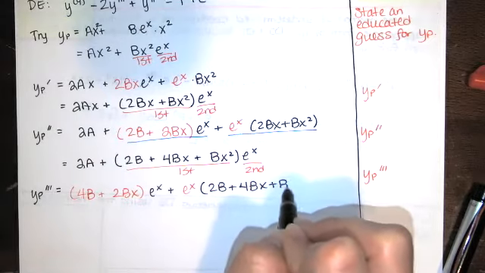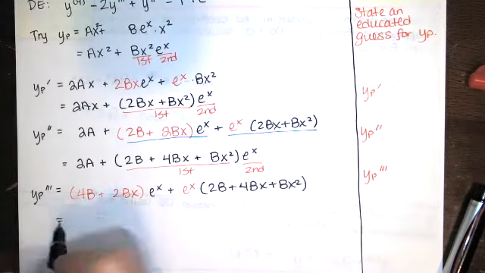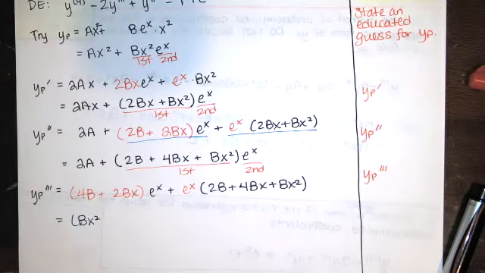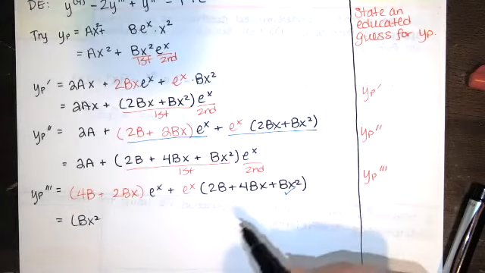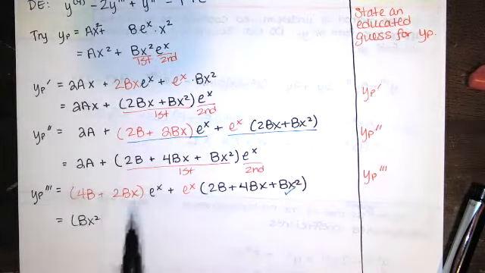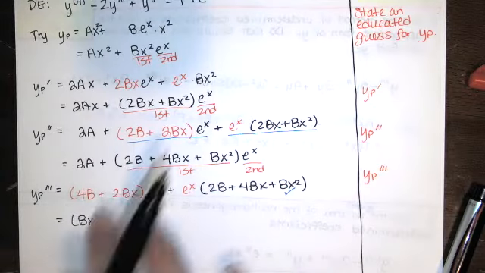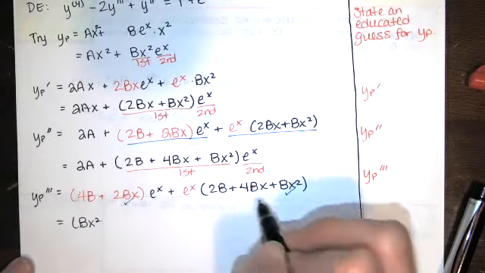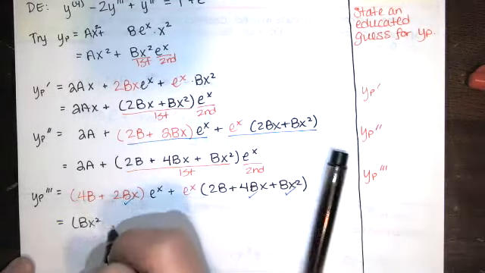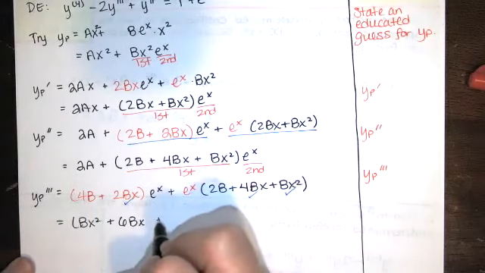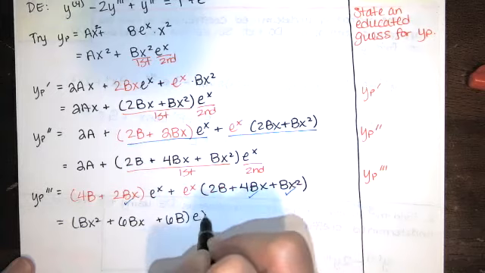And we'll collect like terms again. You have your bx squared first. And then I'll have my, I need to be consistent. That's okay. We'll be consistent whenever we add at the end. I've got my bx squared. If I want to add my x terms now, I've got 2bx and 4bx, so that's 6bx. And then I've got 2b and 4b, which is 6b, all multiplying e to the x.